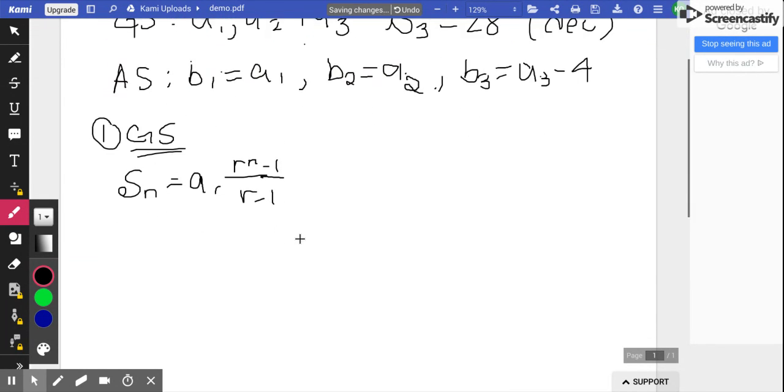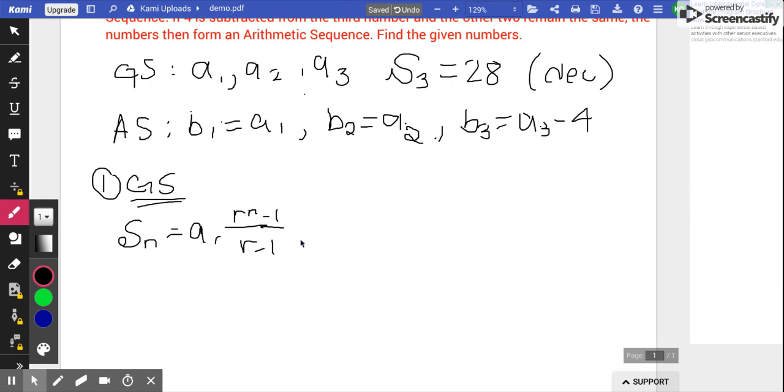With this, I would sub the information in. So I know that S3 is 28, so I'm going to have 28 on this side. And A1, we don't know it. It's one of the things we're looking for. R, we don't have R, but we do know that it's three terms that are being summed, which means I would have r cubed minus 1 divided by r minus 1.